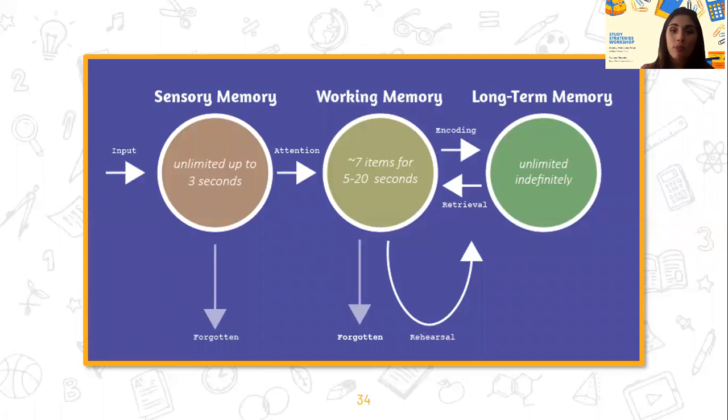Now, this is a really important piece of memory. You have the option at this point to either forget it. So if you've determined it's not important, it can just leave your brain and be forgotten forever.